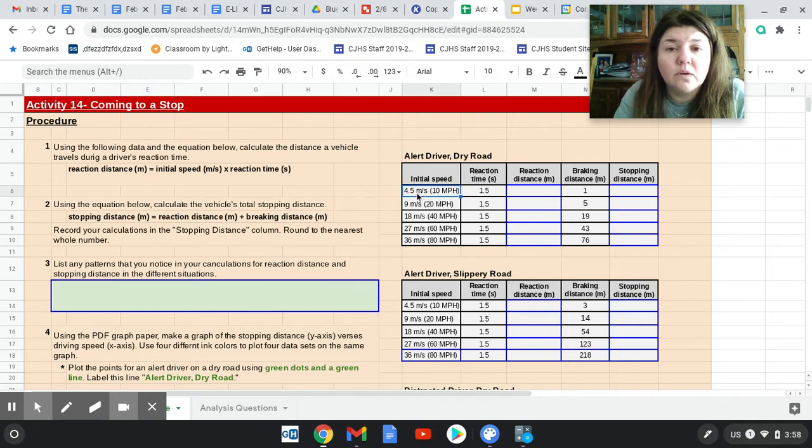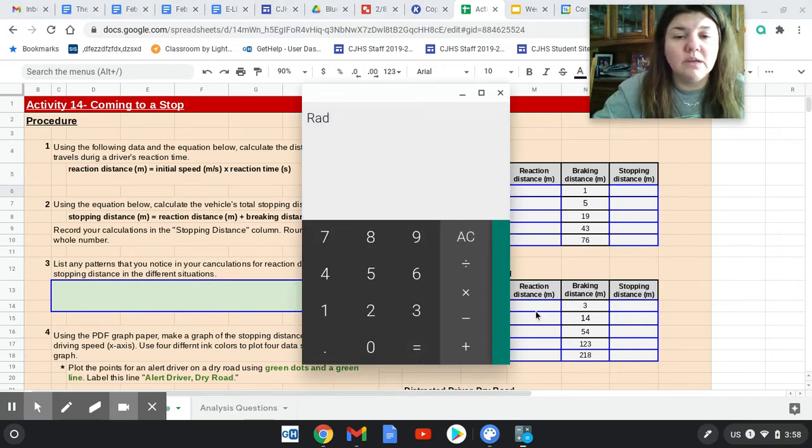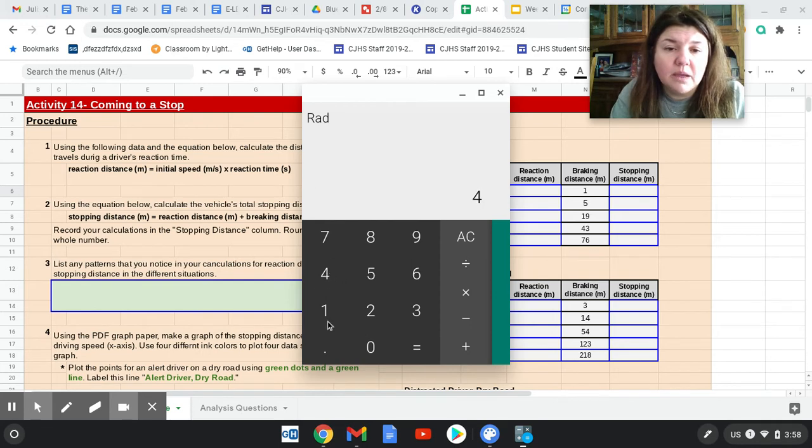So we see that it is 4.5 times 1.5, and I'll just come back over here, pop up my calculator, 4.5 times 1.5, and that's equal to 6.75 meters, right?